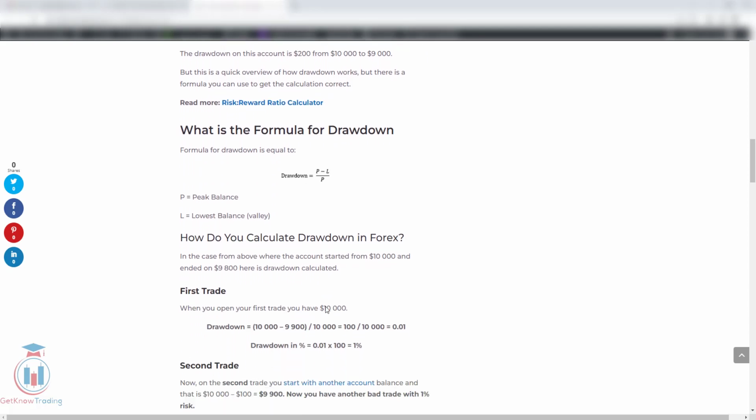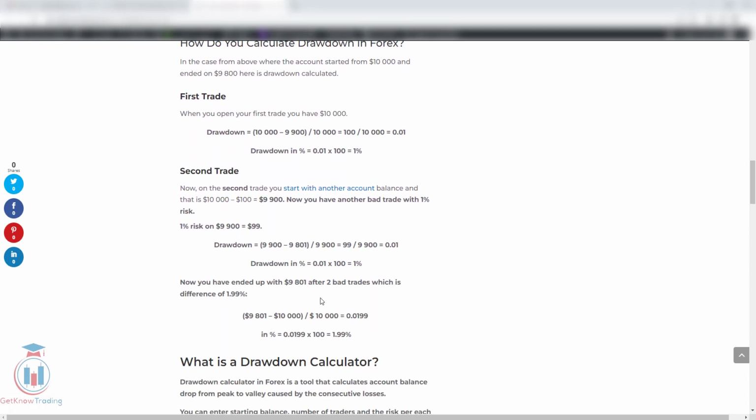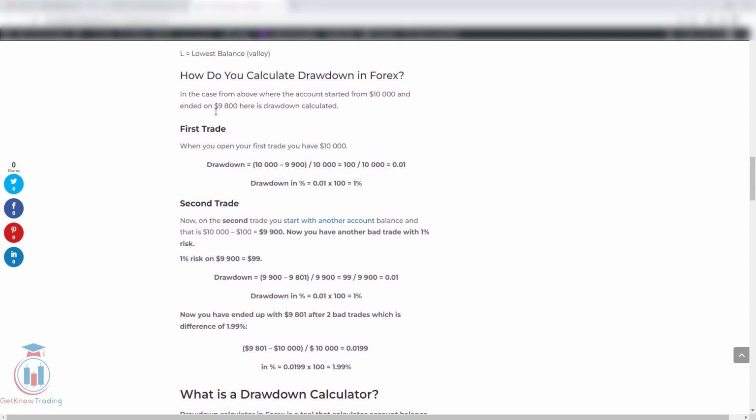If you would like to manually calculate the drawdown, you can also see here an example of how I calculated it with two trades which are consecutive losses. For example, if you have a first trade and you have a drawdown in percentage, you get 1%.